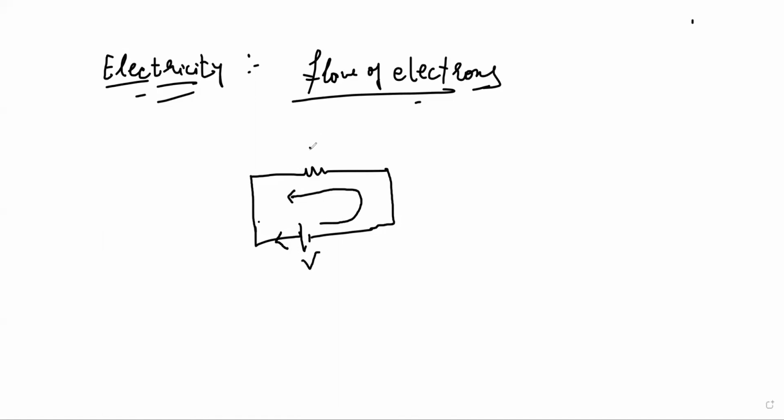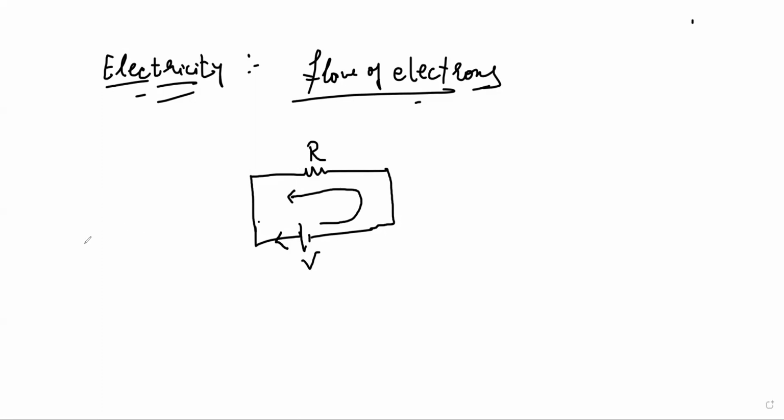Okay, so before going to circuit, first of all, what is electric current? The flow of electrons through a path.